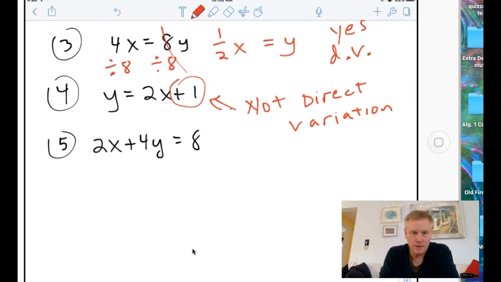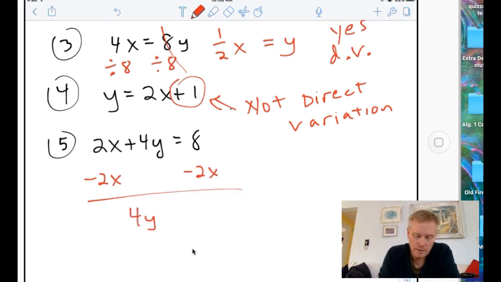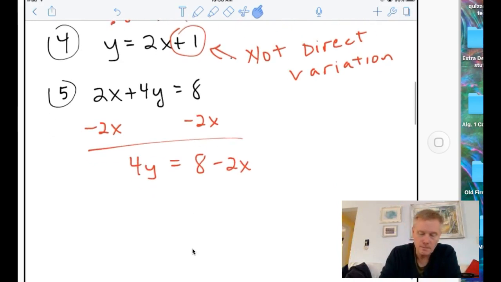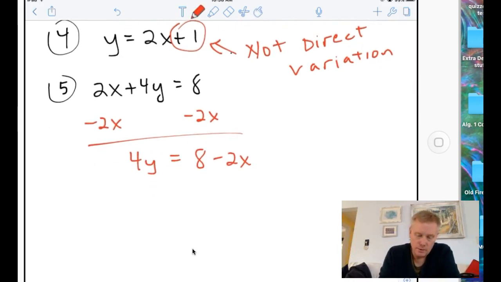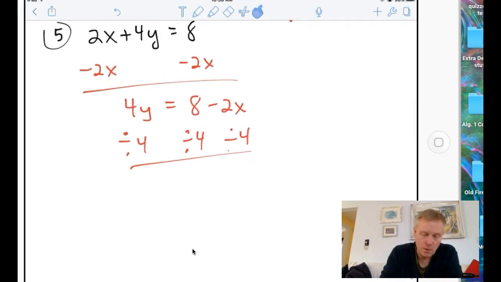All right, this one, I'd like to manipulate this equation so I get y alone. The first thing I'm going to do is subtract 2x from both sides, and I get 4y equals 8 minus 2x. Next, I'm going to divide everything by 4. When I do that, I get y equals 8 divided by 4 is 2, and 2 divided by 4 is 1/2.